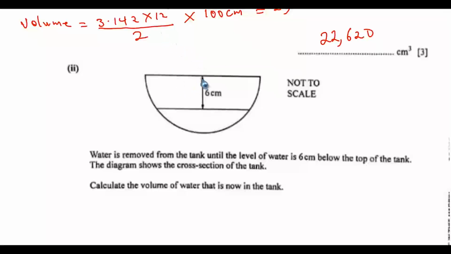So if from here to here is 6 centimeters, from here to this place is 12 centimeters, that's the radius. The implication is that from here to this side will also be 12 centimeters.